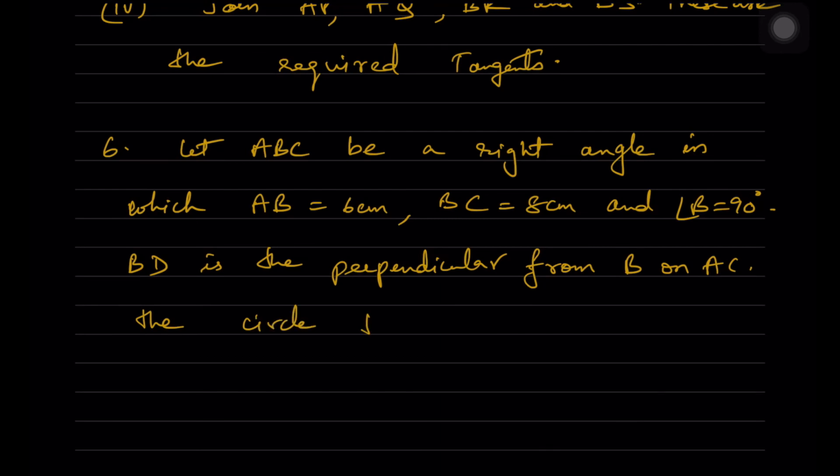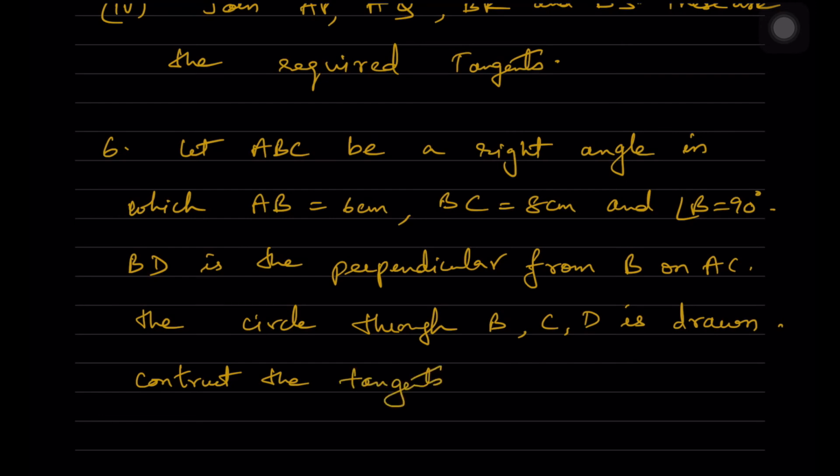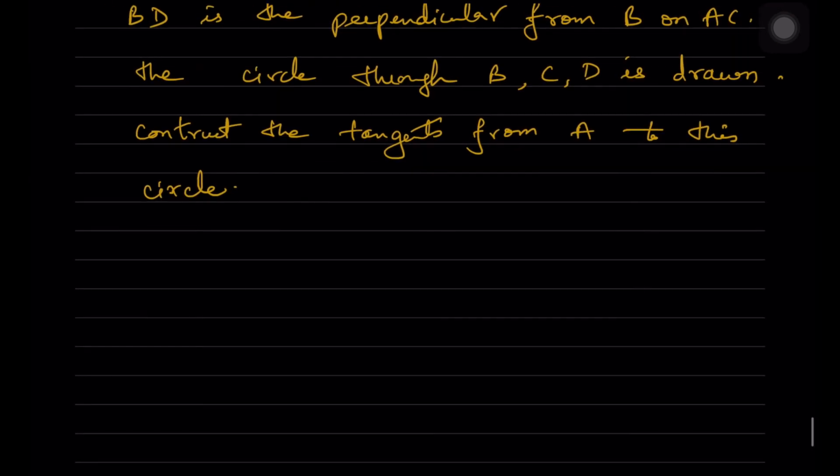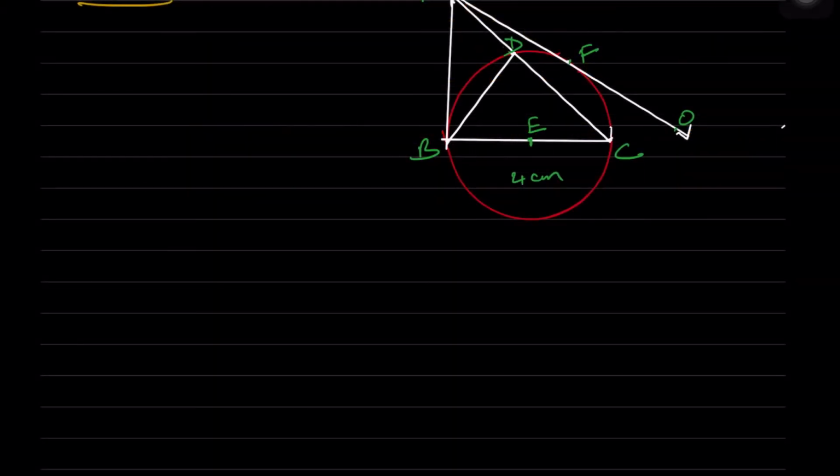The circle through B, C, D is drawn. Construct the tangents from A to this circle. Now we'll go into the solution part. Before that, we'll draw the figure. Now the steps of construction for this.